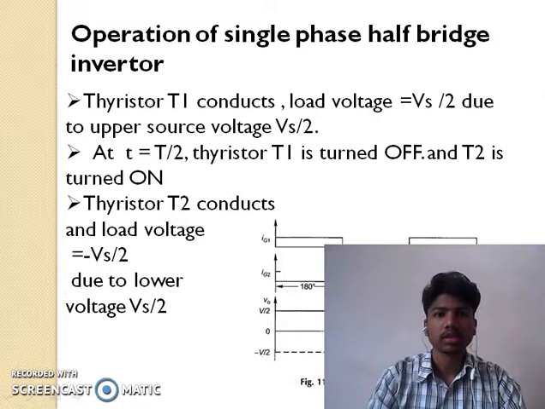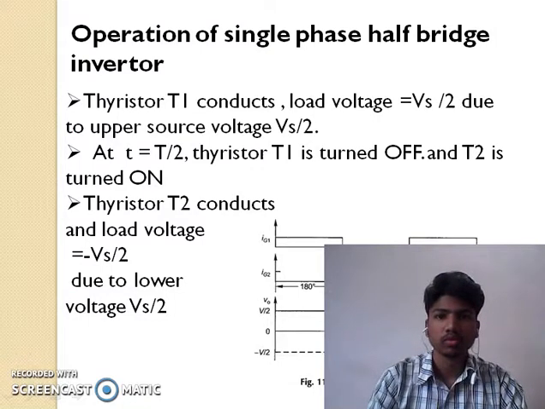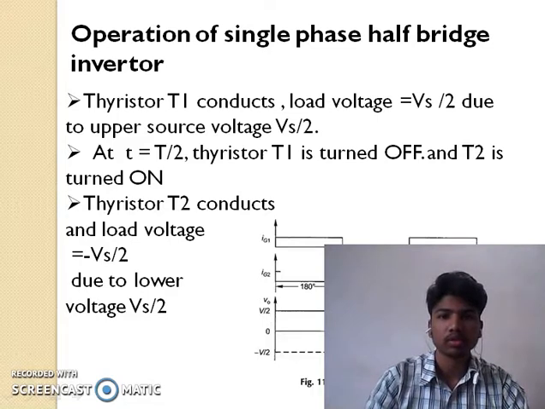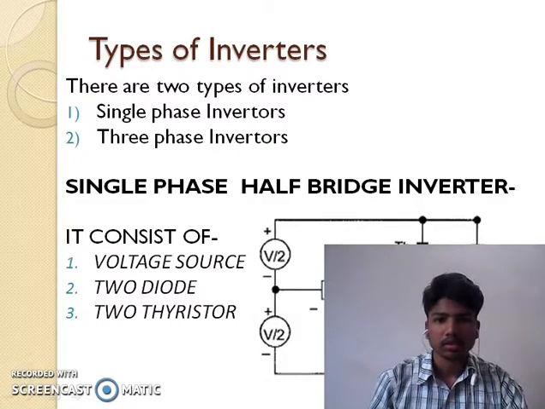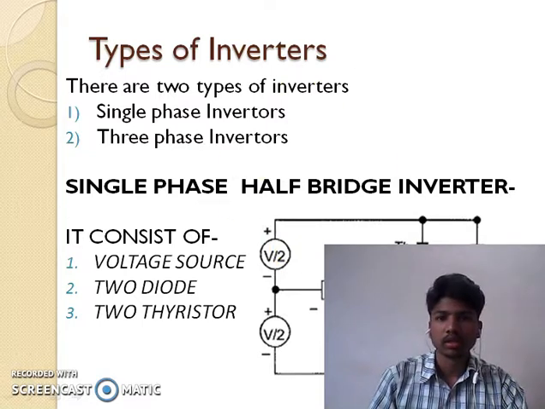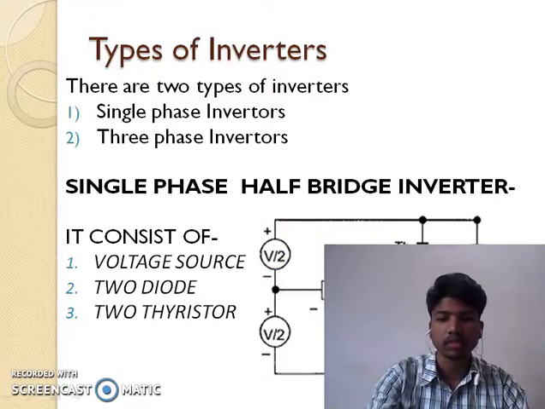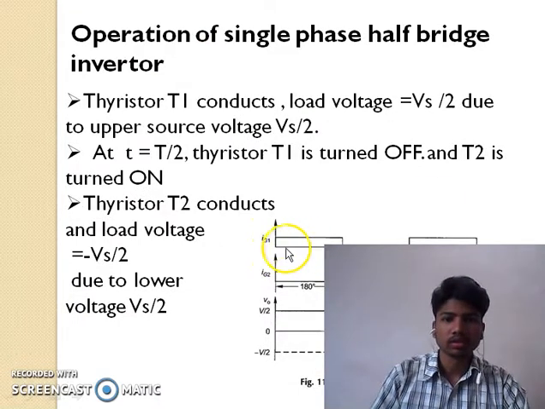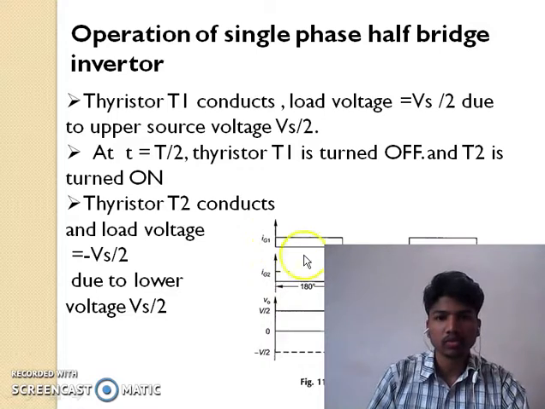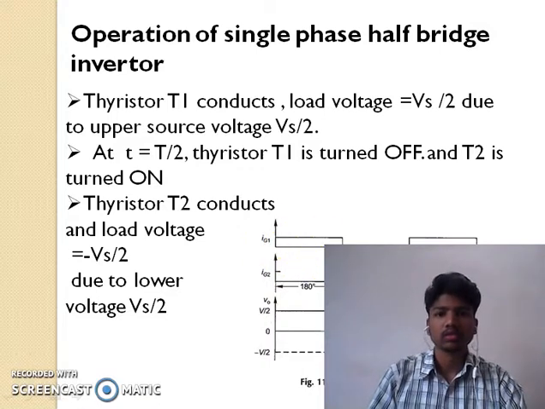Operation of single-phase half-bridge inverter. When thyristor T1 conducts, the load voltage is equal to Vs by 2 due to the upper source voltage Vs by 2. When thyristor TH1 is conducting, TH2 will be off, and the waveform looks like this. Ig1 is only from 0 to T by 2, and we get this waveform.